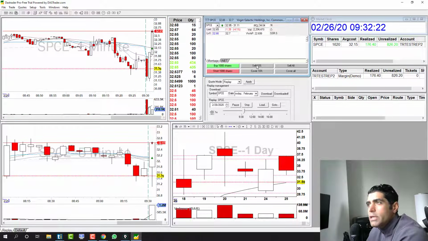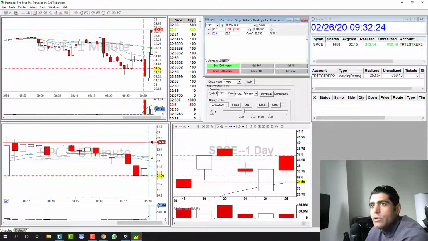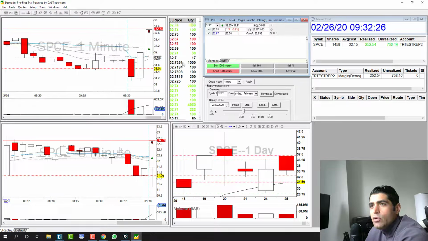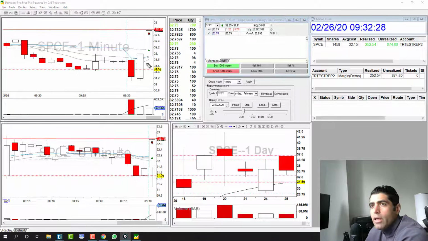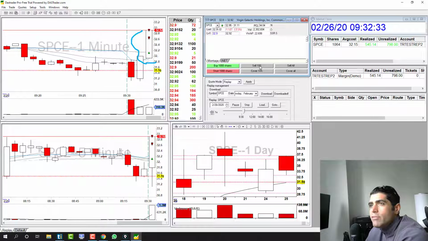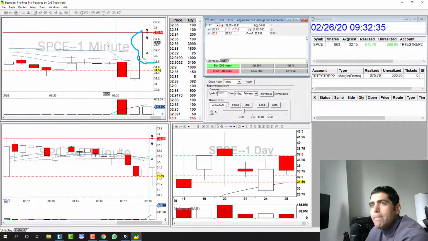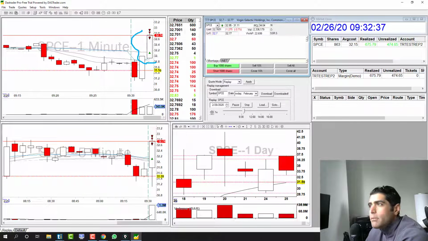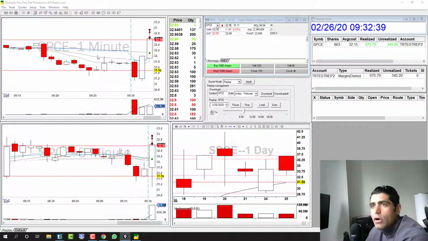So I can just slowly sell 10% as it comes down, and you're already way above your risk profile here. So that's easily the 2-to-1 that you're getting already. A good trader should definitely cover some here, or sell some here. So again, you get a really nice risk to reward.